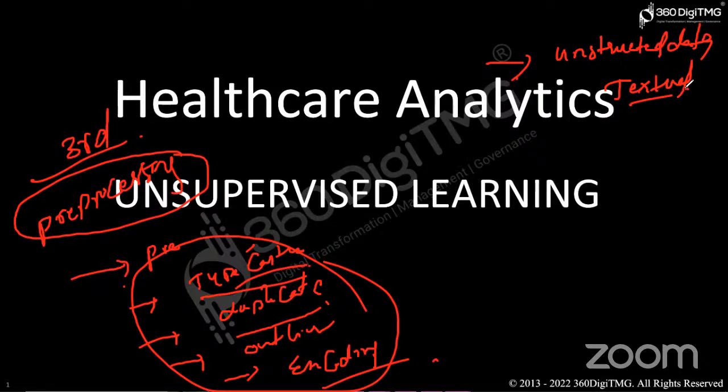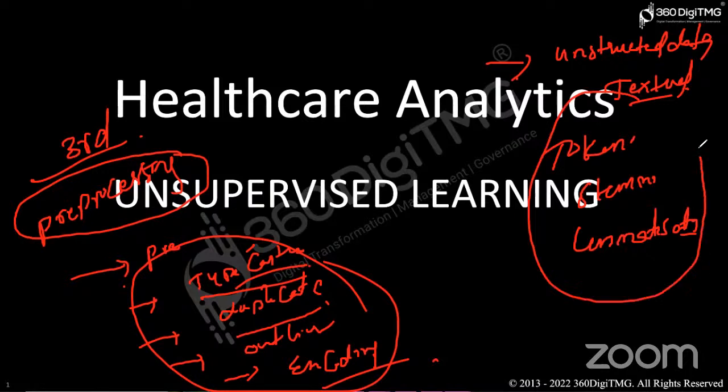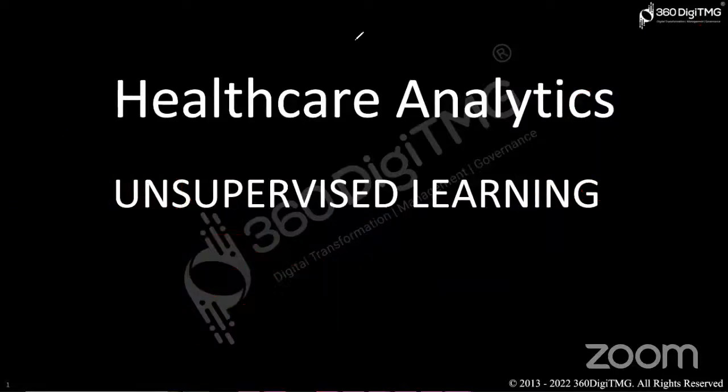How do we do the pre-processing when it is unstructured data, like tokenization, stemming, lemmatization? All those things we have gone through. How are we going to apply that? We have seen that.